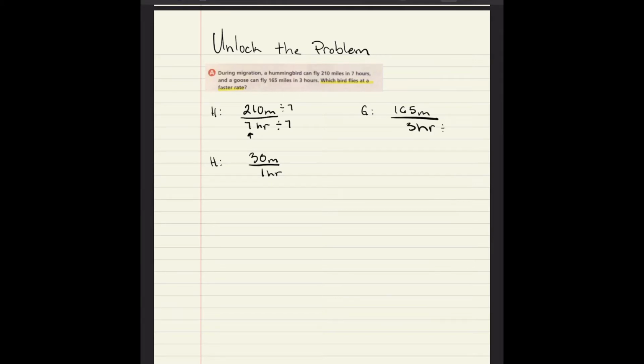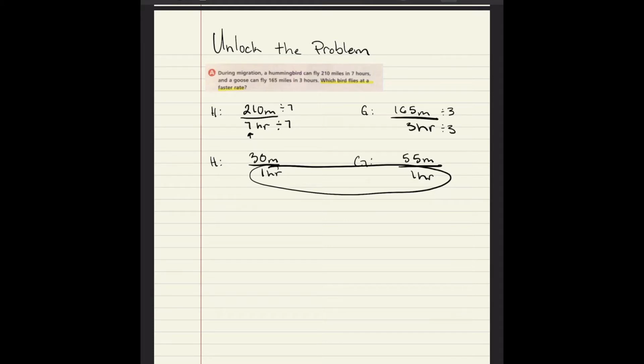And now I want to turn this to a unit rate. So I simplified by dividing the bottom and the top by 3. And now the goose, I can see that it flies 55 miles in 1 hour. So now that I have a common denominator, I can compare these two.